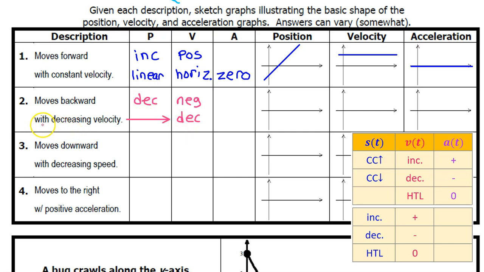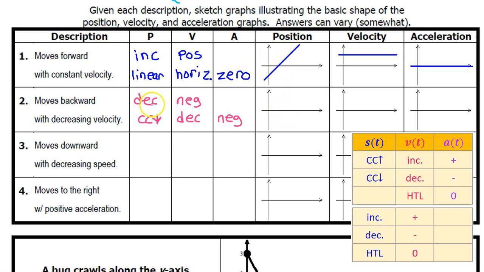We are straight up told that the velocity function is decreasing, and if velocity is decreasing, the acceleration function is negative. Also, if velocity is decreasing, it means the position function is concave down. So we are ready to draw.